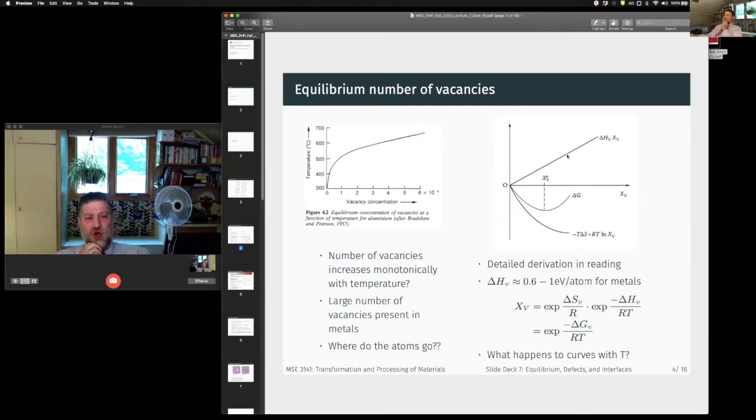So the total energy associated with the creation of vacancies is the enthalpy of formation of a single vacancy, which is about 0.6 to 1 electron volt per atom for metals, times the fraction that we have, assuming 1 mole of our metallic alloy.